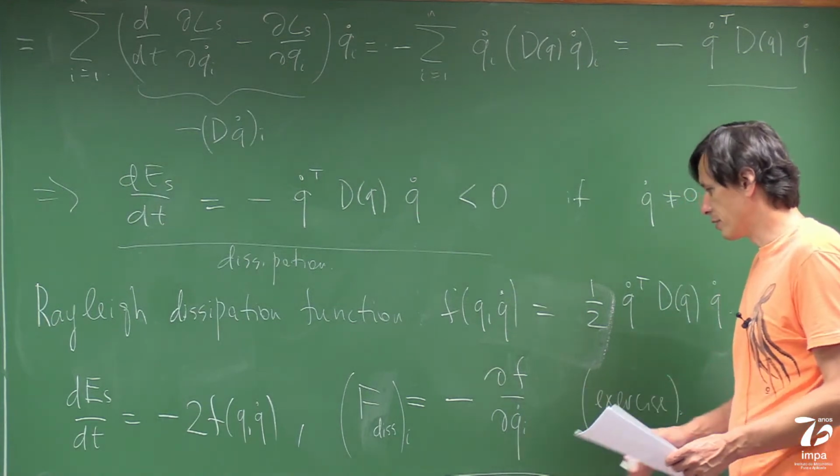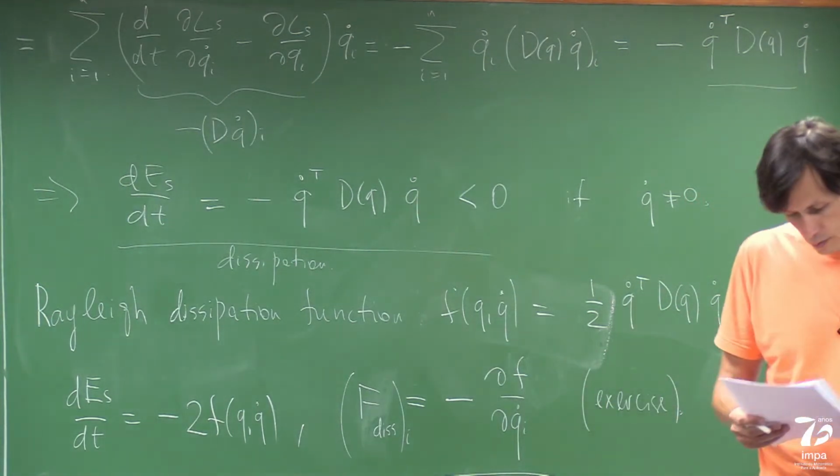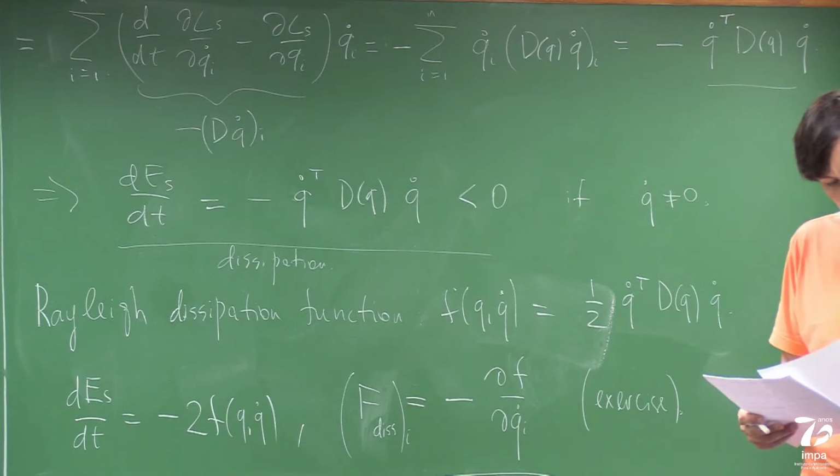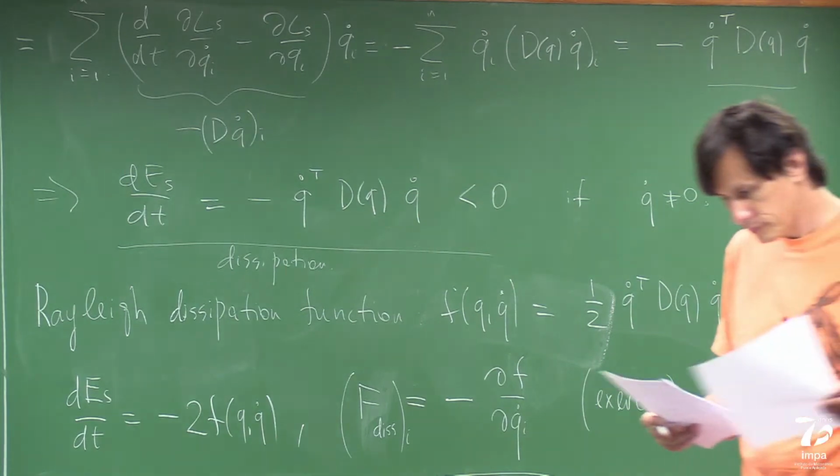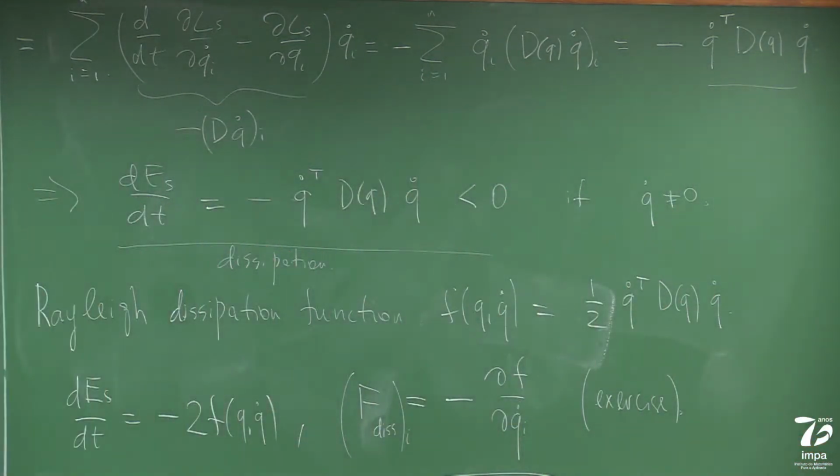There's nothing much deeper about this, just a formal analogy between the two. So that's the dissipative force. We will use it a lot because it usually appears in most physically interesting situations.